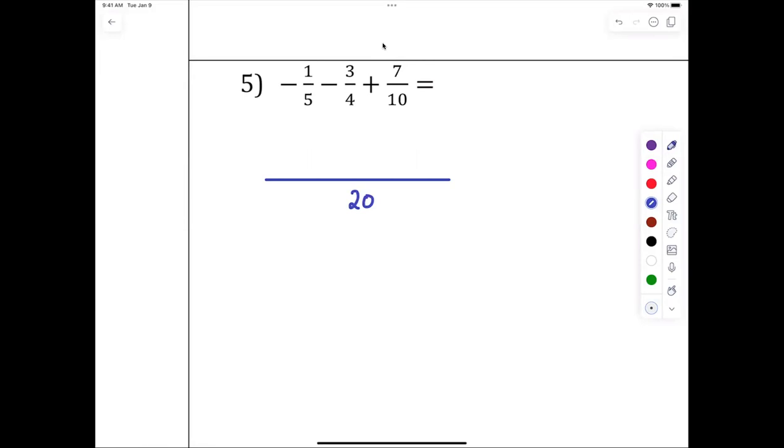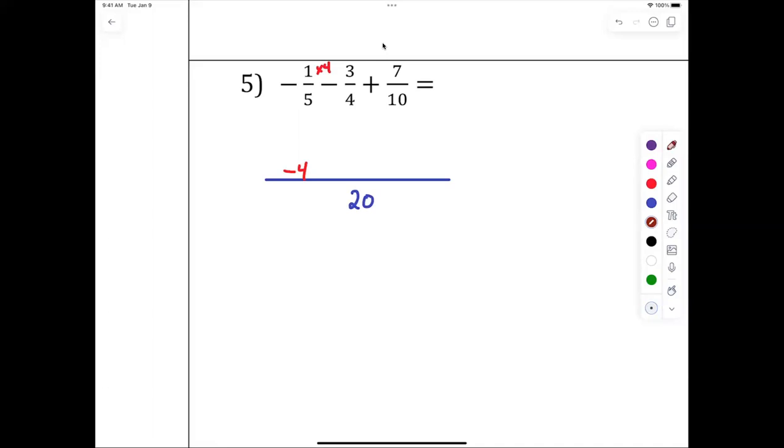Now you look at the first fraction. I have negative 1/5. What am I multiplying the first fraction by? 4. So put a 4 here. What's negative 1 times 4? Negative 4. That's what we have right here.